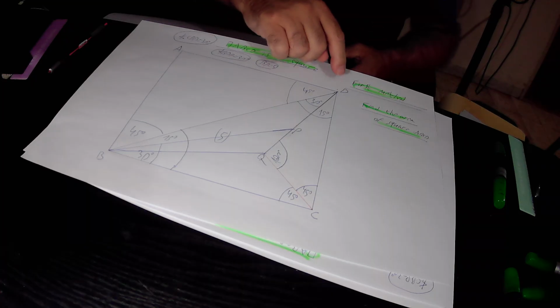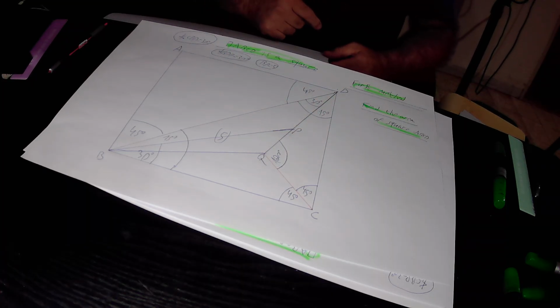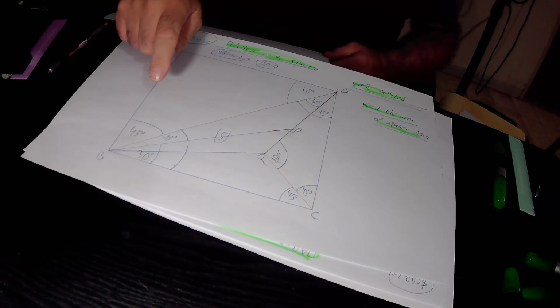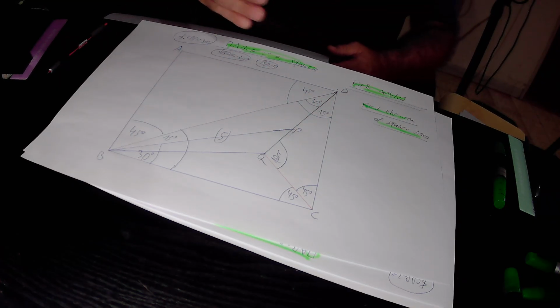First of all, side DC of triangle DCQ equals side BC of triangle BQC. They are both sides of a square, and therefore they are equal to each other. We know that all the sides of any square are equal to each other.